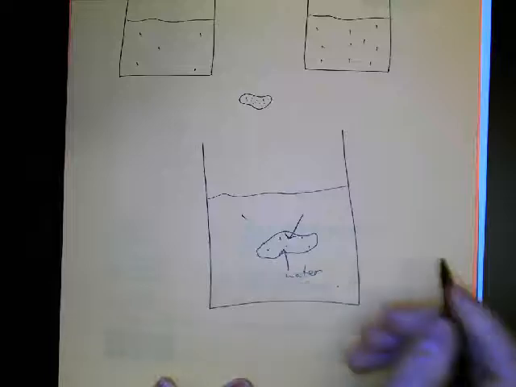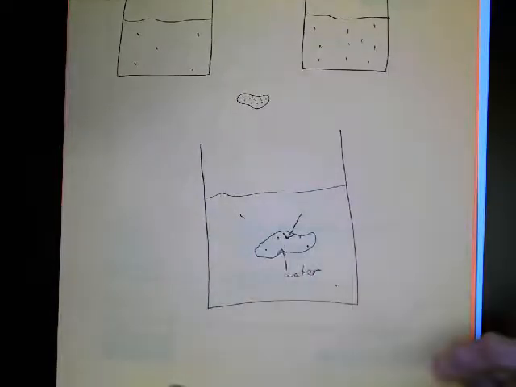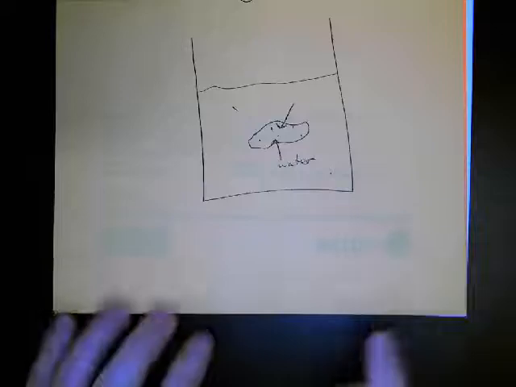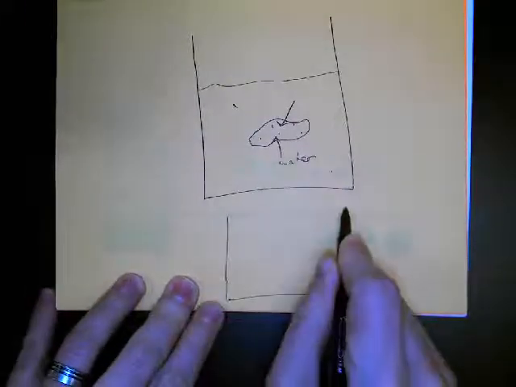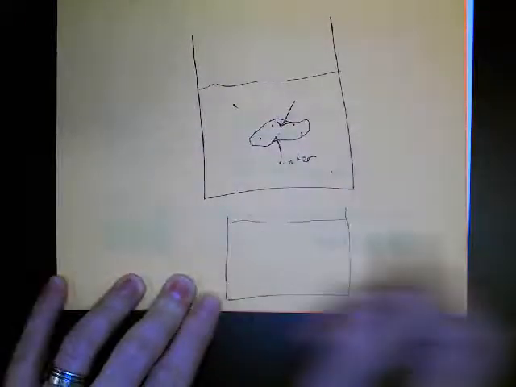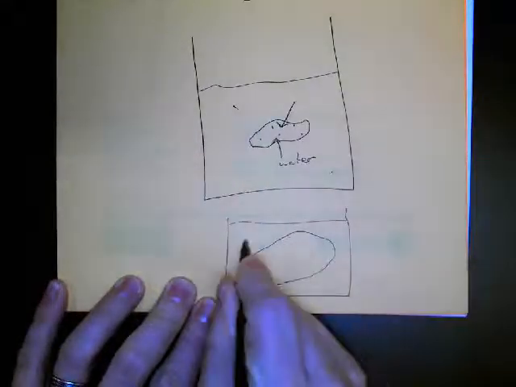Water will flow across the barrier from the less concentrated side to the more concentrated side. I didn't really leave myself enough room to draw this, but assume that this is the same water, the cell will kind of puff up, okay?